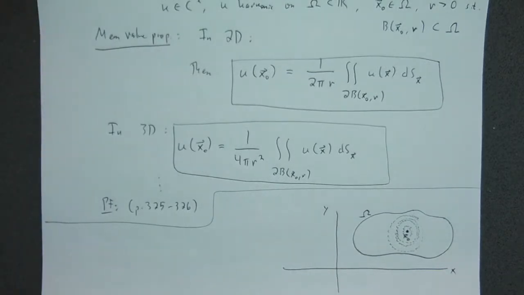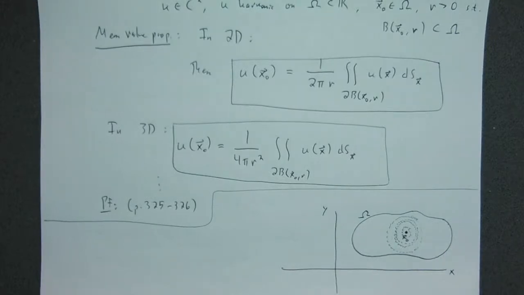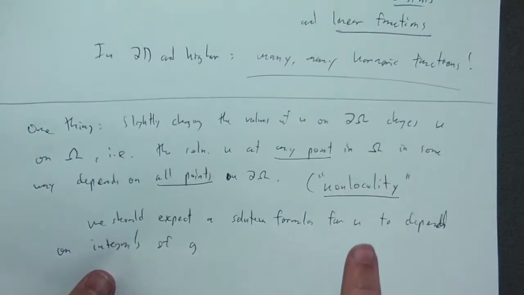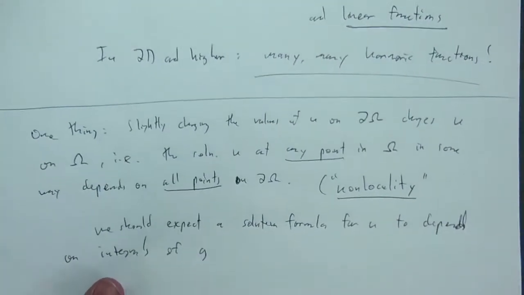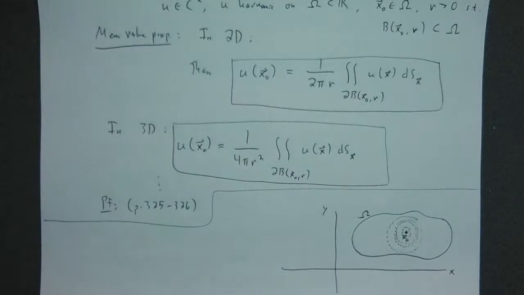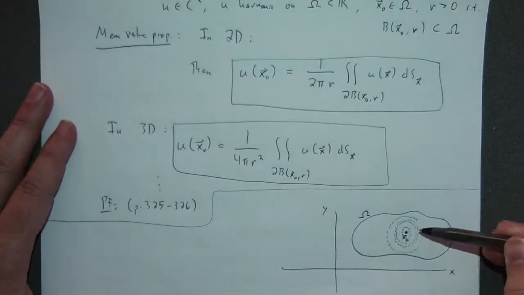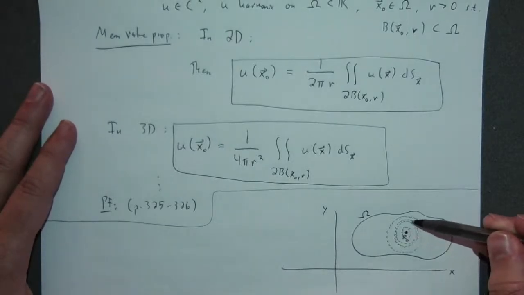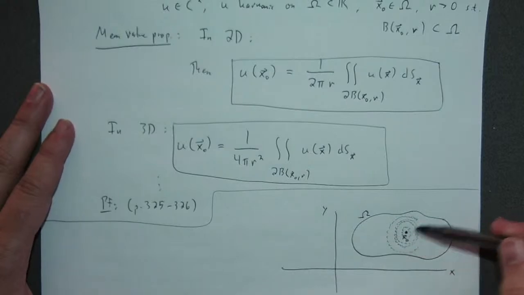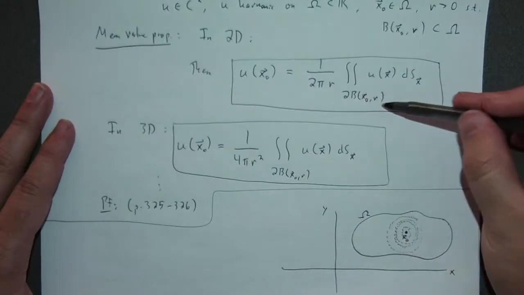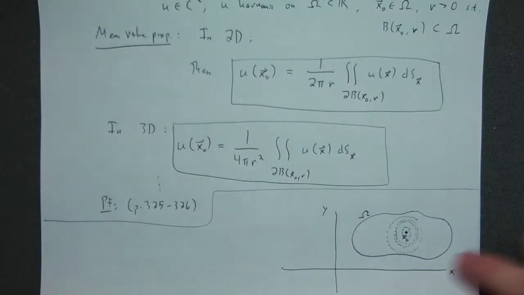So this automatically shows you how this non-locality, remember we had this non-locality property for these harmonic functions, in the sense that my value of the solution here depended on the value of the solution at points some distance away from that point.